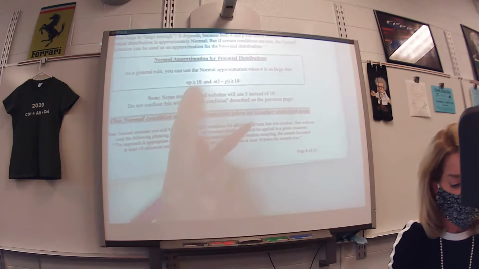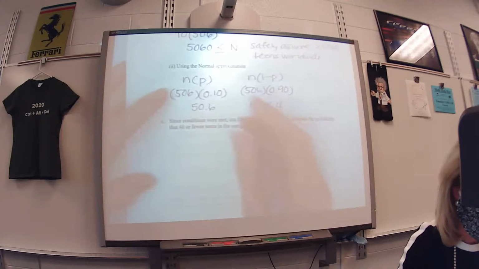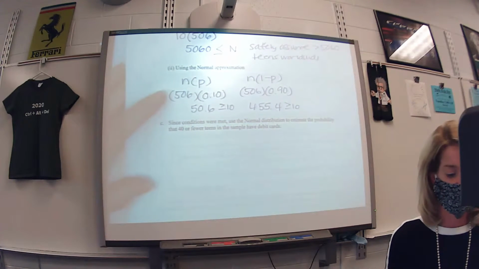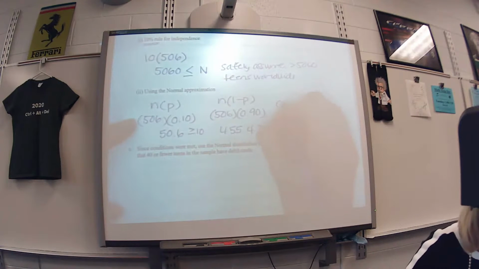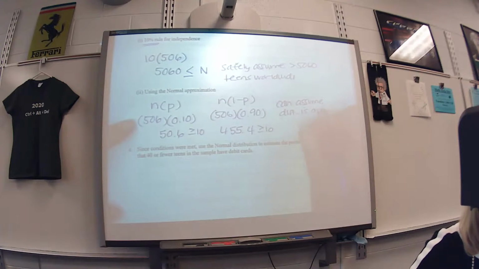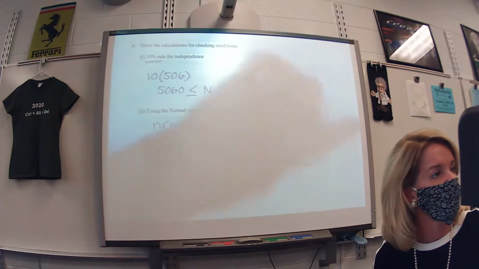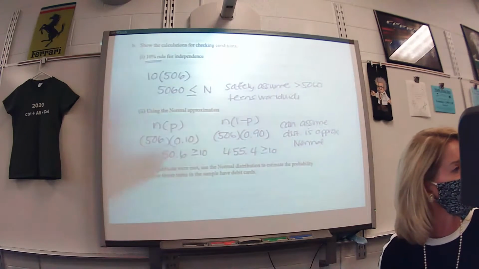Are these both greater than or equal to 10? Yes. We can assume the distribution is approximately normal. I will expect to see all of that on your Chapter 6 test.